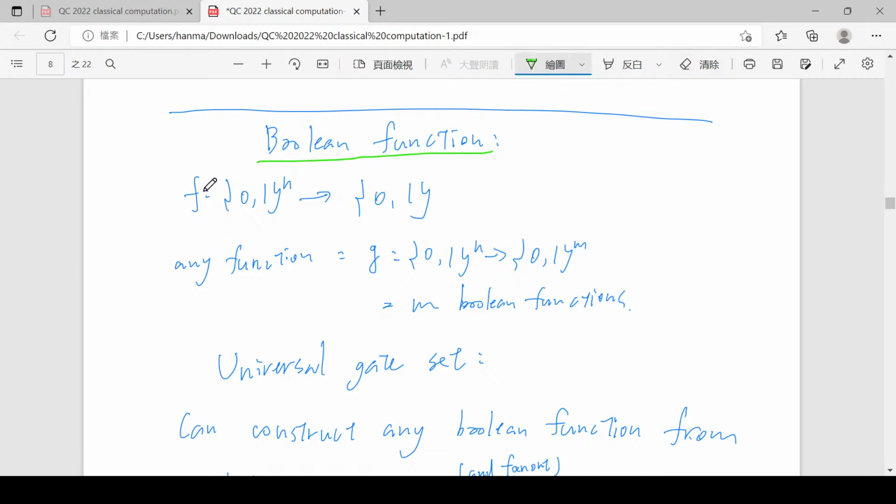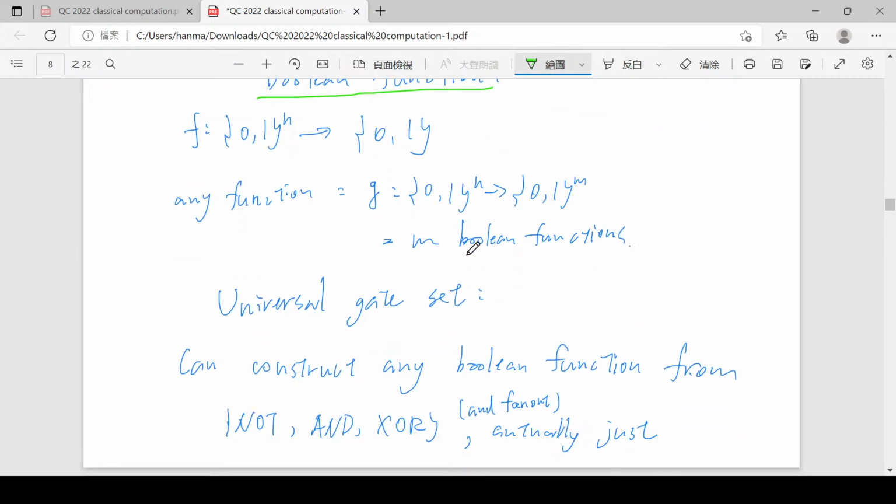And we can focus on these Boolean functions because you can just express other functions as a collection of Boolean functions. For example, a more general discrete function G can go from some n-bit input to some m-bit output, and we can think of this as a collection of m Boolean functions, right?